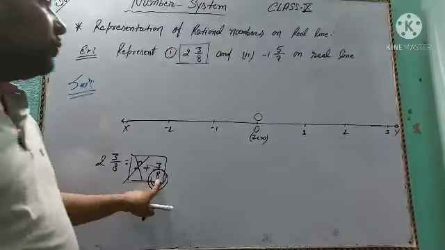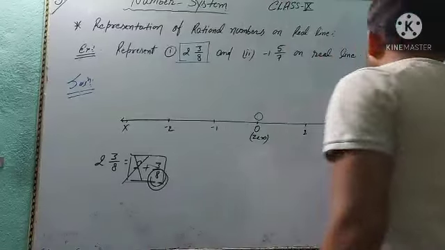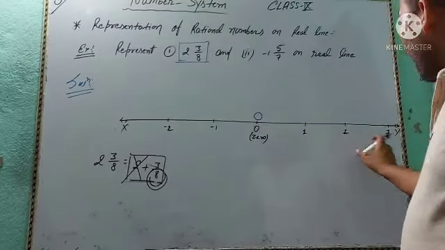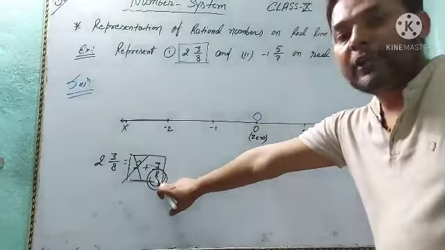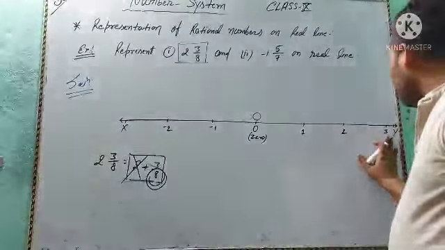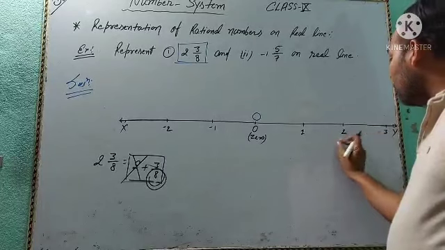So students, the distance between 2 and 3 is divided into 8 equal parts. The denominator is 8, so 8 equal parts divide the distance between 2 and 3.